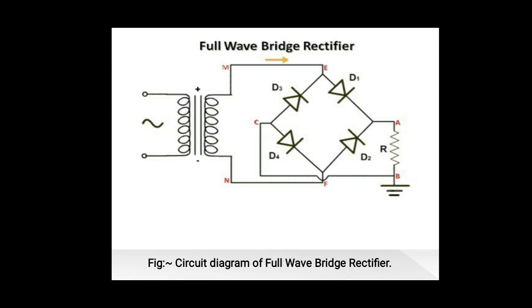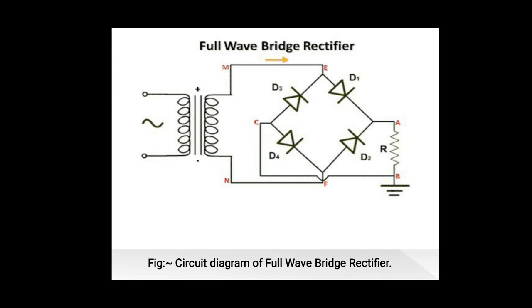During the positive half cycle, diodes D1 and D3 are forward biased and both are on. So the output appears as it is at the load.